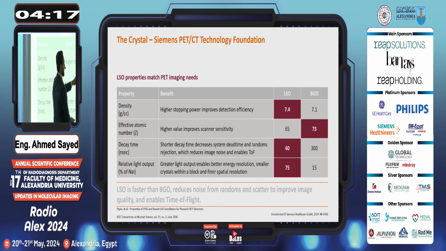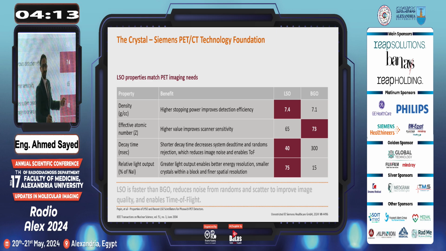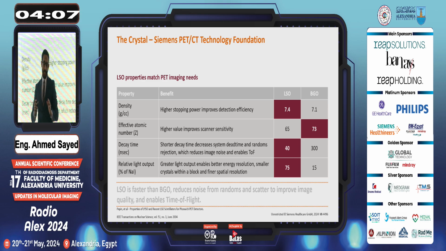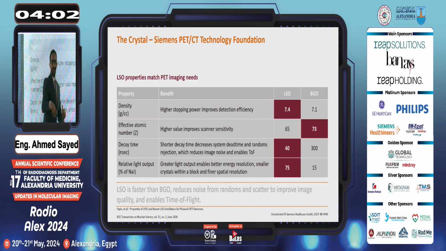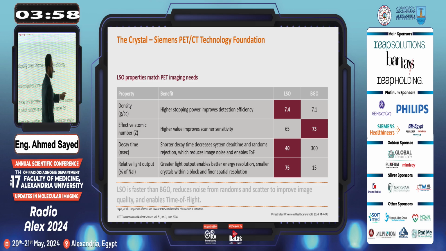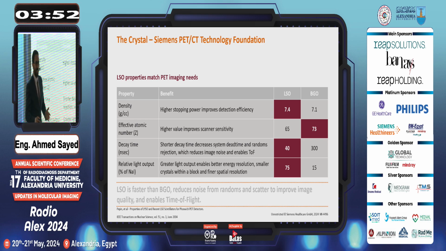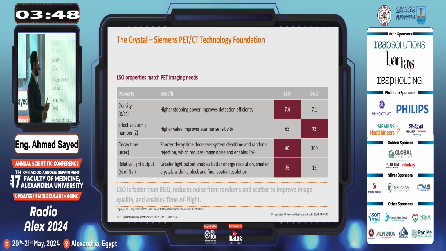For LSO crystal, the decay time is 40 nanoseconds. This means that this crystal will absorb the first gamma ray and then stay blind for 40 nanoseconds, then take another event. For BGO, 300 nanoseconds. So by logic, LSO is much faster than BGO.